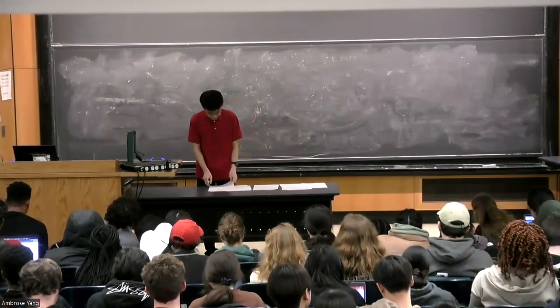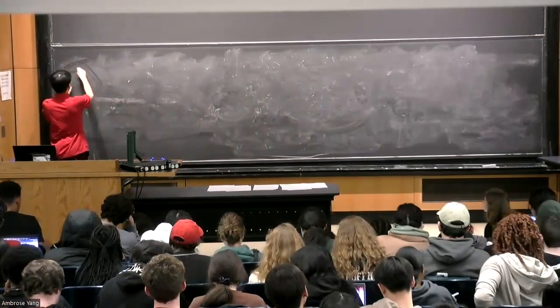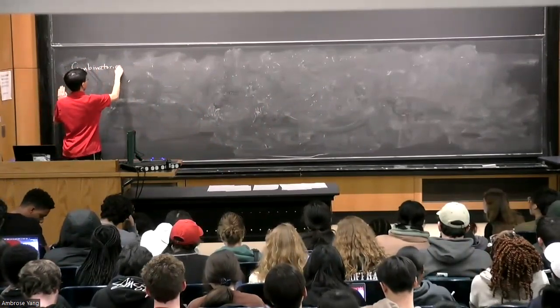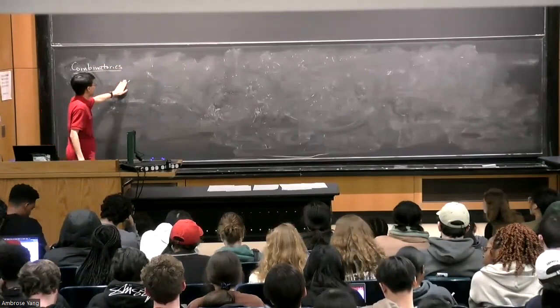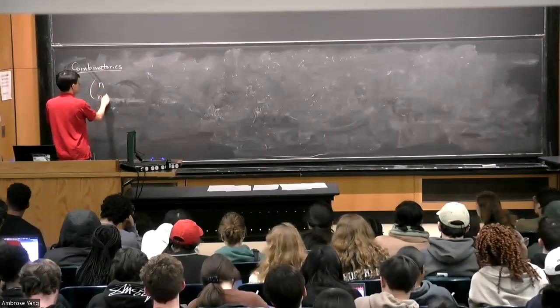So in combinatorics, let's start with something that I think is an important structure, which is that of choosing: n choose m.